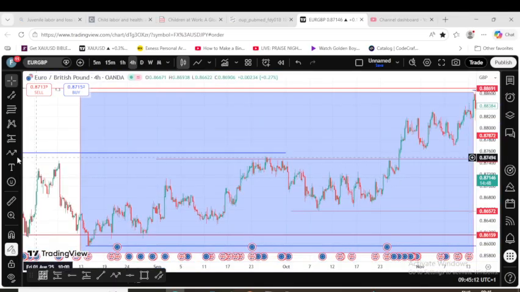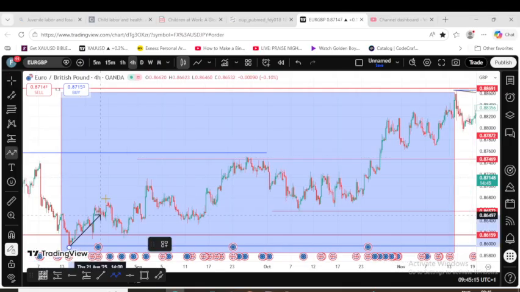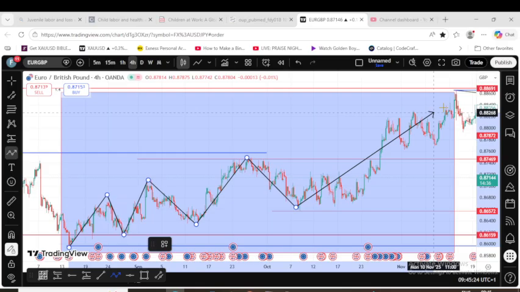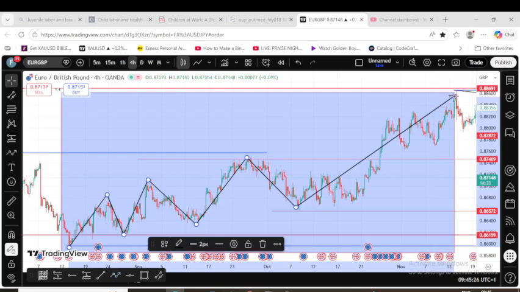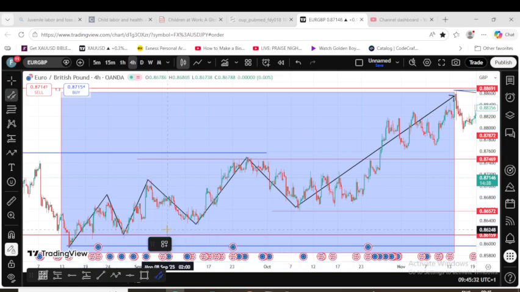So what do I see? I see an impulsive, correctional, impulsive, correctional, impulsive, correctional, and then one major impulsive all the way here. But this time I can only see a range here and here.